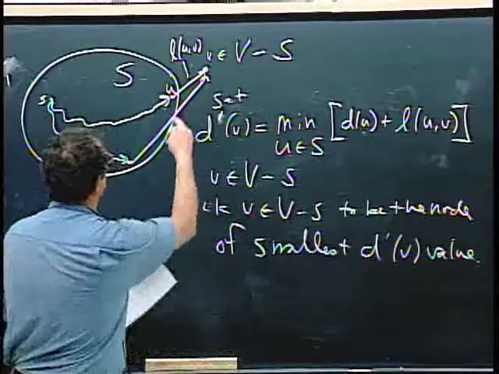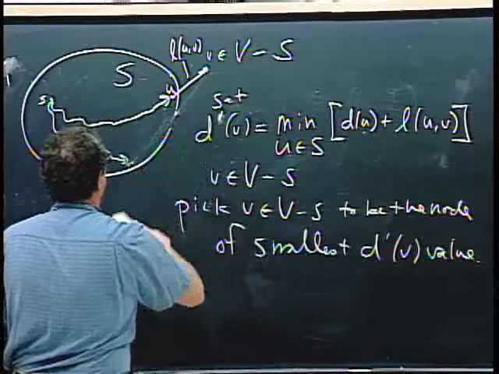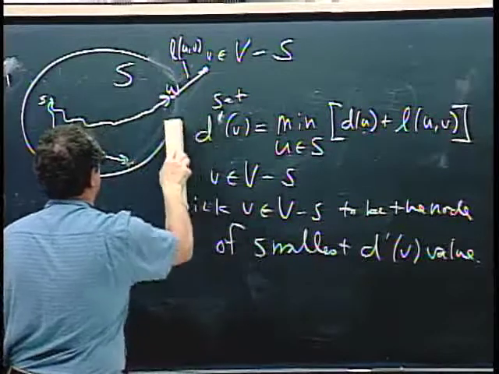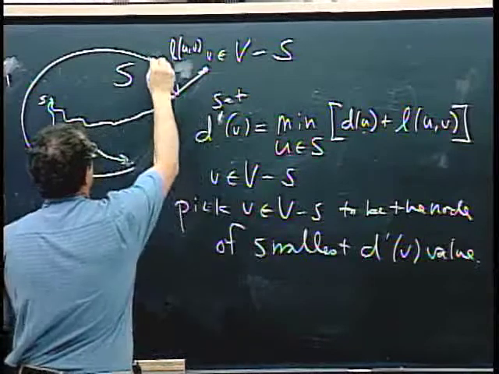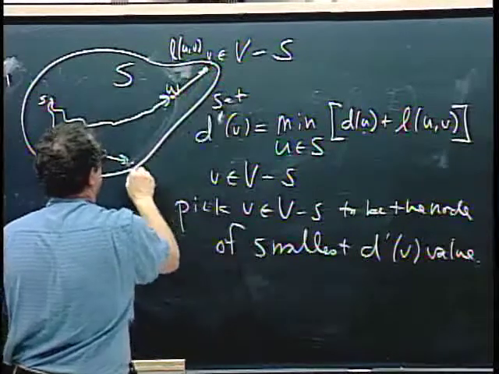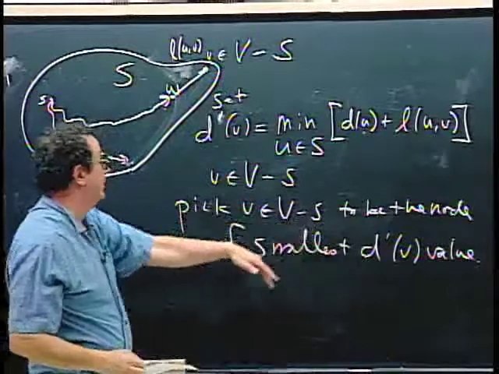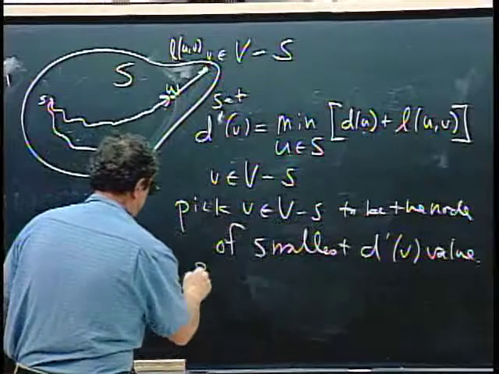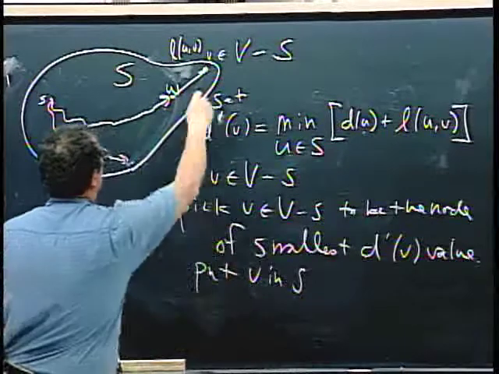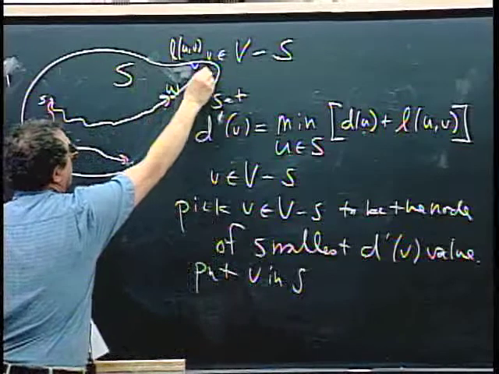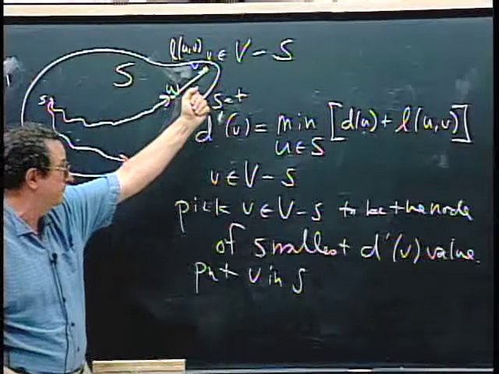So in this picture, what would happen is that capital S would expand. If this is the V that has the minimum d prime V value over all the nodes that are not in S, then put V into capital S, and so capital S expands out here to now contain this node little v.